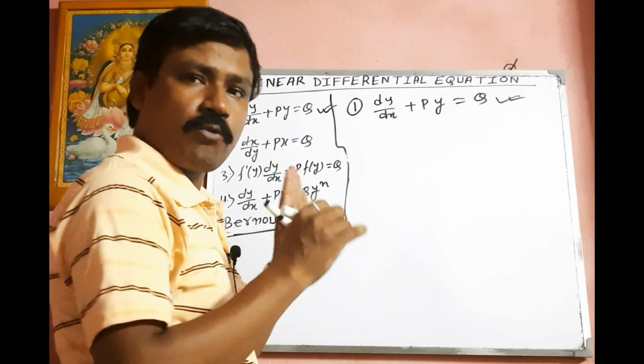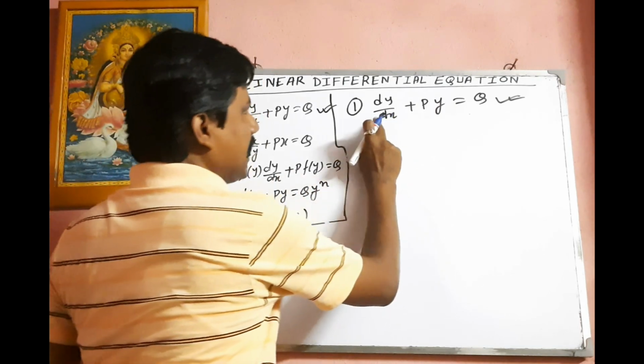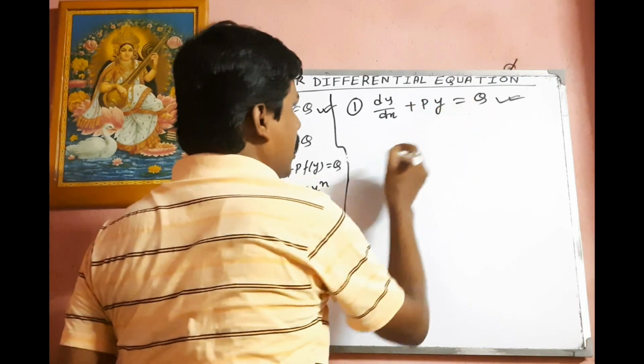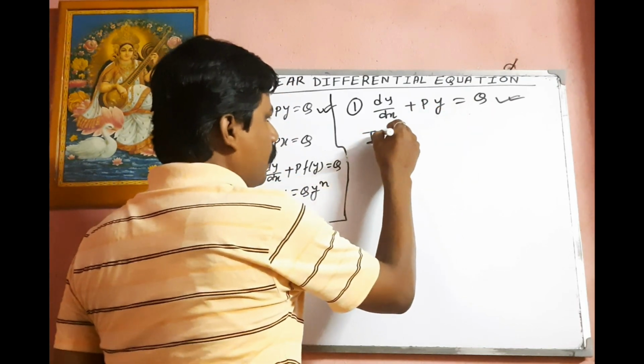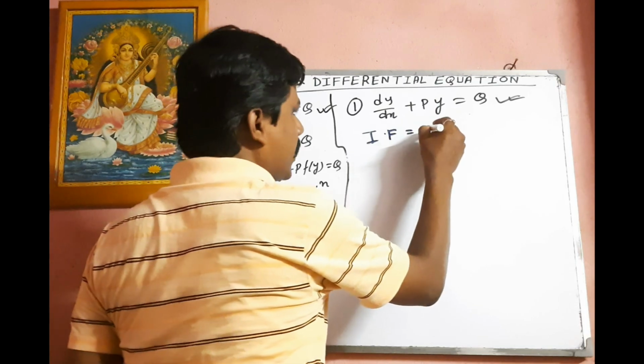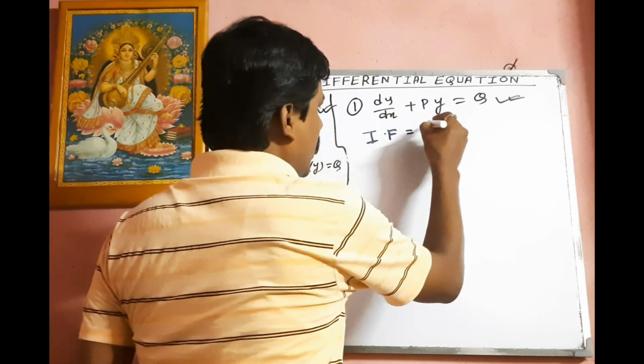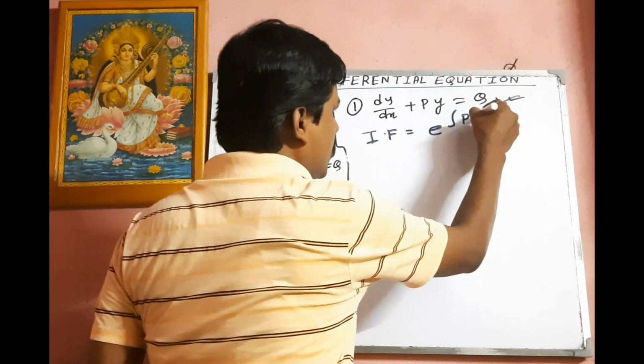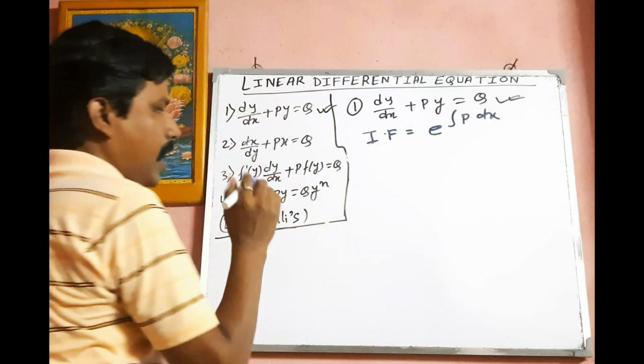Now we are discussing the first kind. In this first kind, that is dy/dx + P y = Q, the integrating factor IF is equal to e to the power integration of P dx. This is the IF.